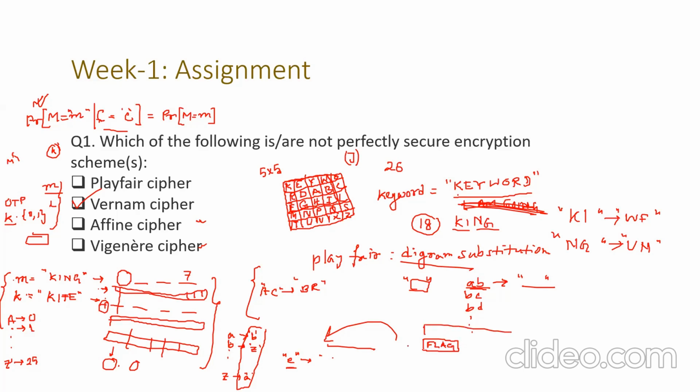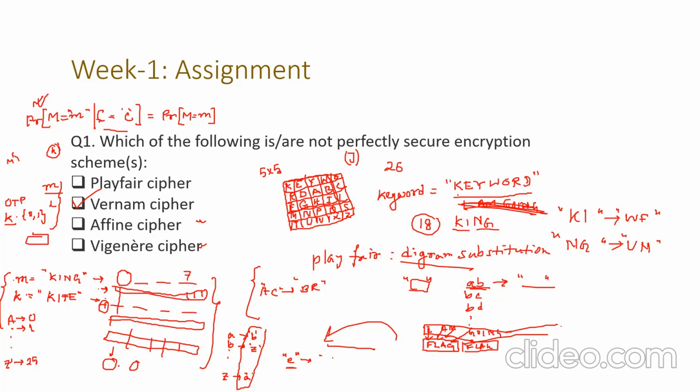And you have some long English plaintext, and let's say it begins like this. Each letter in this plaintext will be associated with the corresponding key letter, and then again like this it will go on.